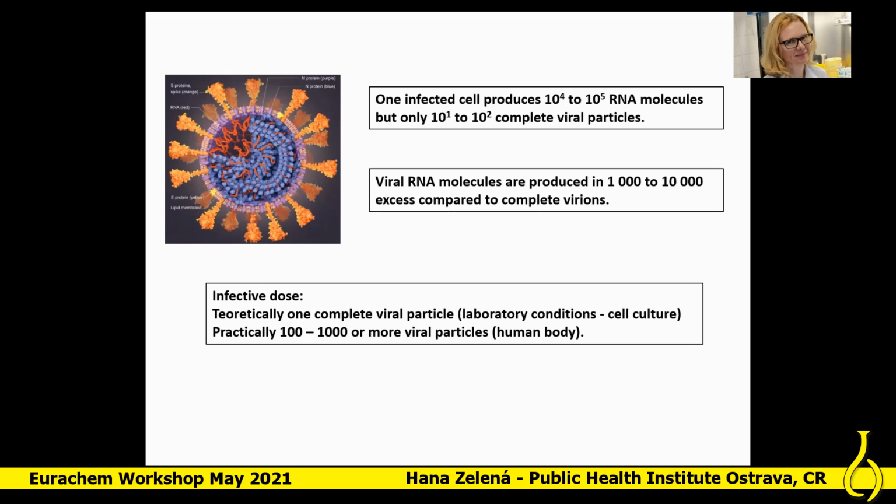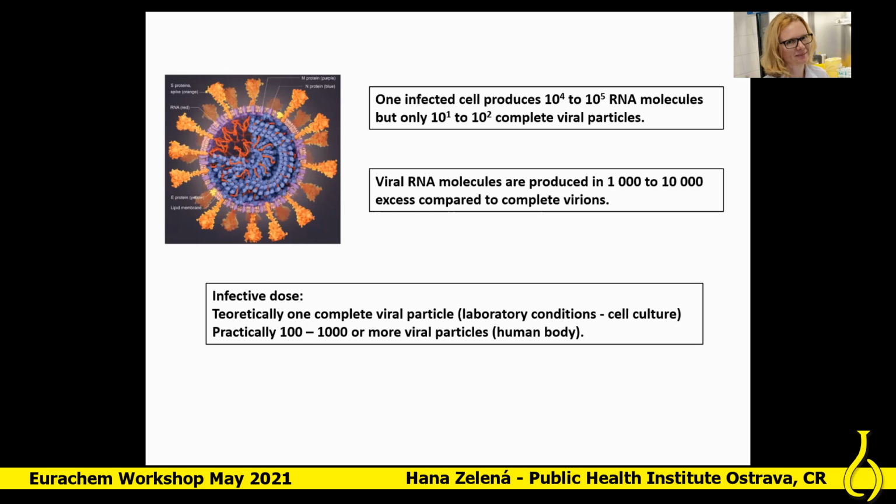When we are talking about infective dose in laboratory conditions, which means when we infect the susceptible cell culture, there is missing any immune response, any protection by immunity, and therefore theoretically even one complete viral particle is able to infect this cell culture. But in a living organism, like in a human or in a susceptible animal, there is also the immune system fighting against the infection.